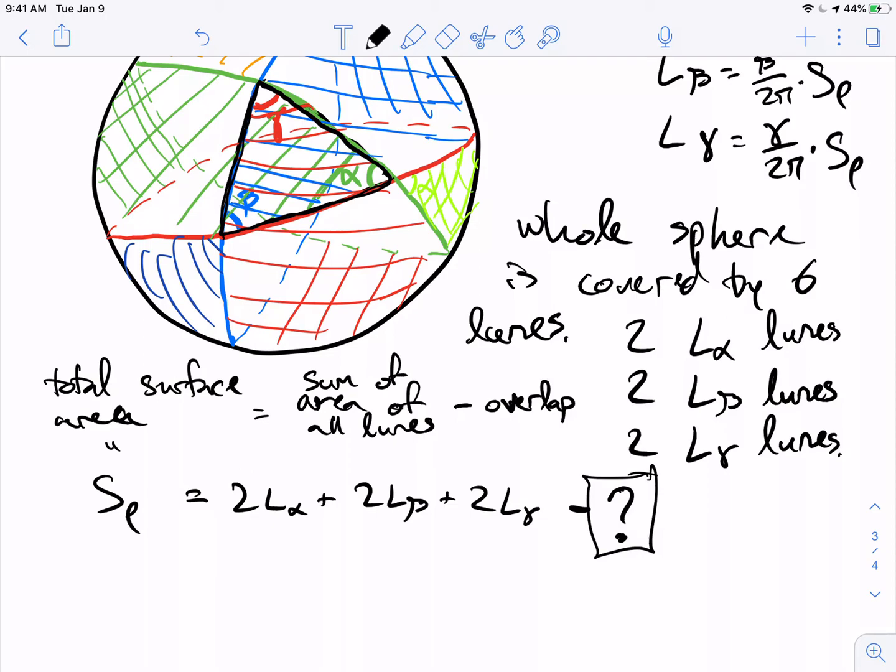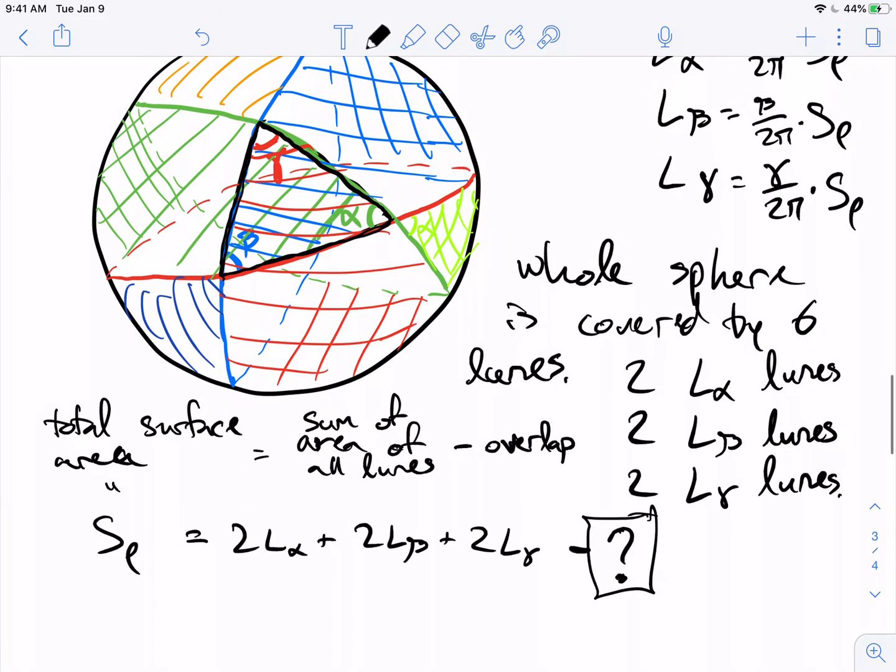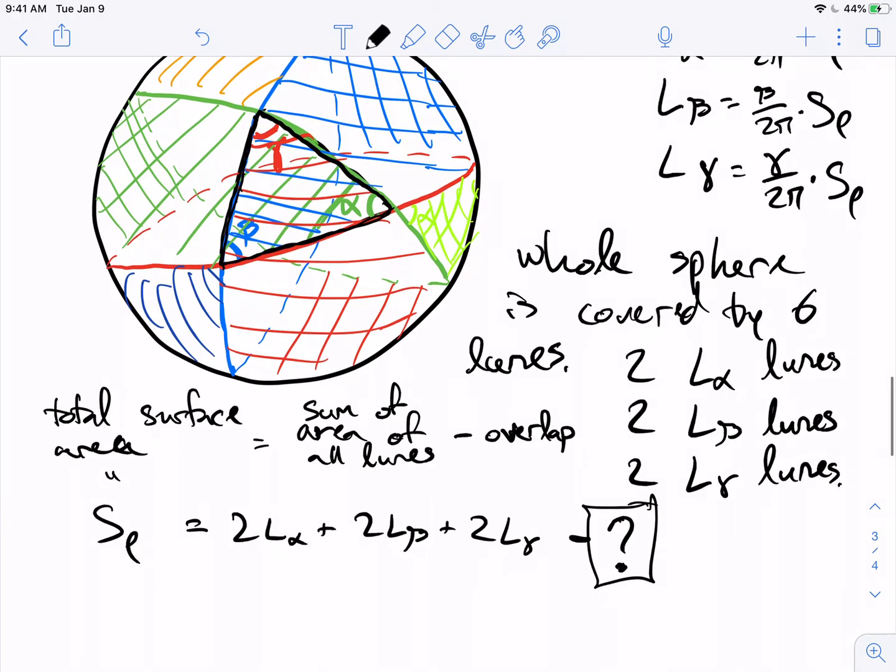We covered it once, and then we over-covered it 2 more times. And there's the exact same picture on the reverse side of the sphere, where the triangle in the back gets overcounted because of the 3 extra lunes we added. They all cover the triangle. And so the area of this triangle is the same for the front triangle and the back triangle because there's an isometry that sends one to the other, so they're congruent. All in all, we've covered this triangle 6 times.